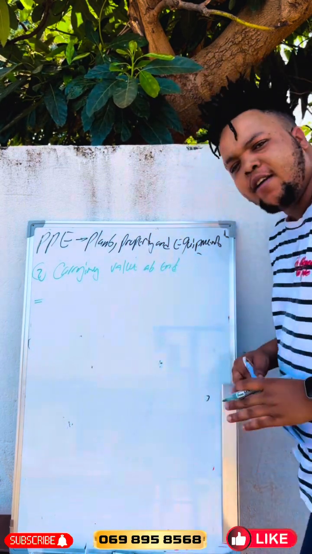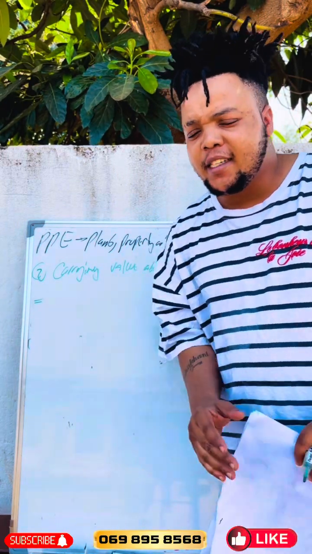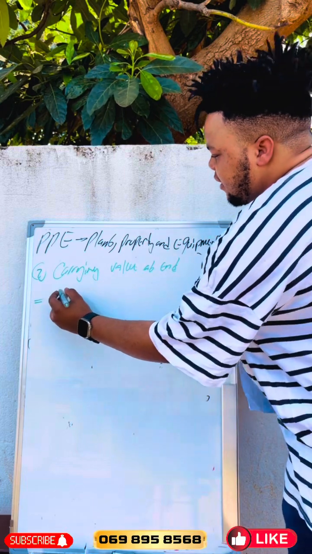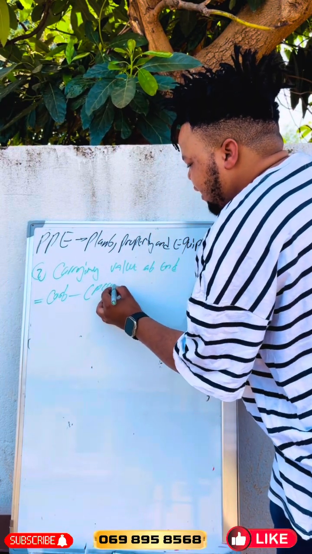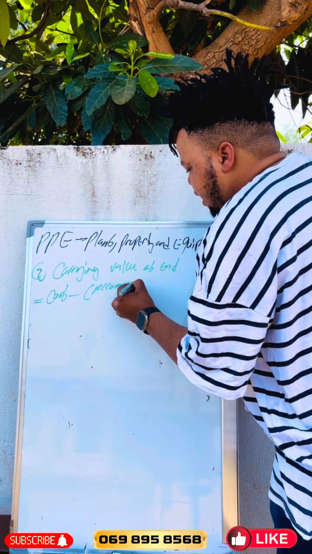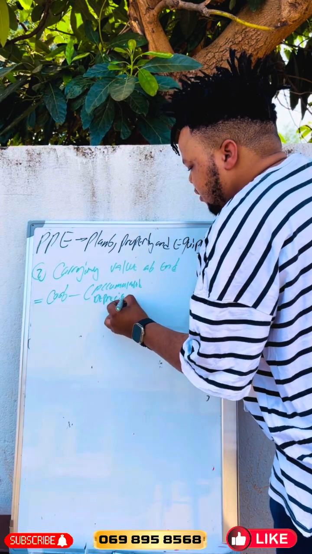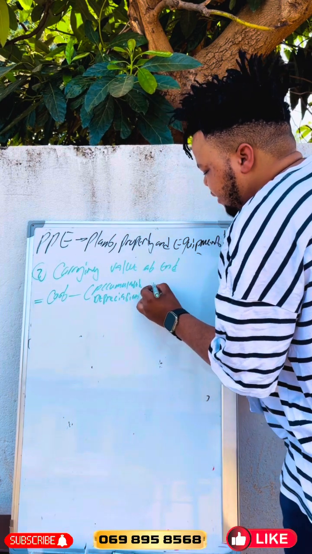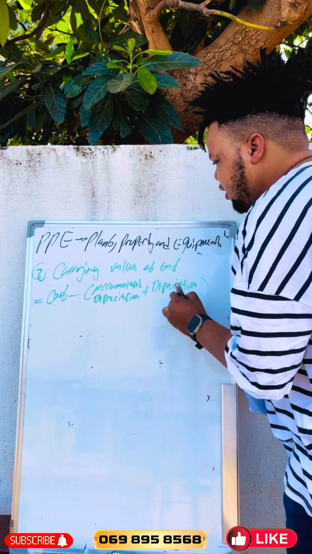There are people who have a problem on how to find the carrying value for the PPE at the end. It's simple. The formula is cost minus accumulated depreciation plus depreciation for the current year.